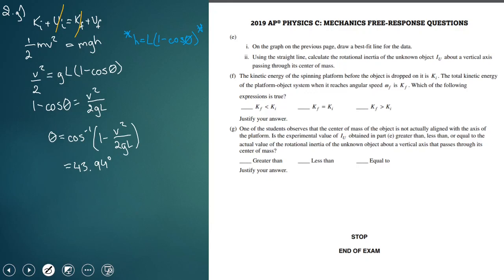You won't need the sine version of this, but the sine version, if I remember correctly, should be H is equal to L times, sorry, is it T minus sine T, I believe. That's the one. You very rarely, if ever, see that one, but you can research to find out the sine equivalent, but this one does come up. So H is equal to L times 1 minus cos theta, so remember that.